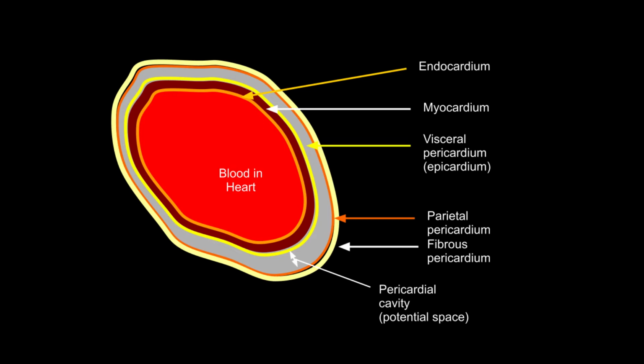If you see the layers of the heart itself, the outermost layer is the epicardium, and the innermost layer facing the blood in the chambers is the endocardium, which is continuous with the endothelium of the blood vessels. Now, since you need muscle, everything else in between the epicardium and the endocardium is the muscle layer, or the myocardium.